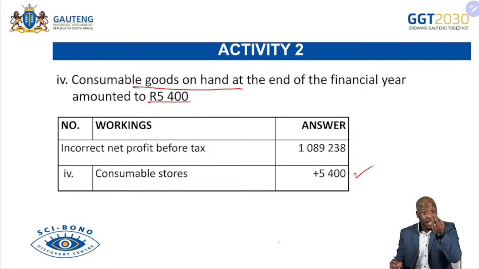Therefore, our profit was decreased because the consumable stores expense was big. Why? Because we had not yet subtracted the ones on hand. So the correction then is to say plus, we are bringing back our profit. So we're going to say plus 5,400.